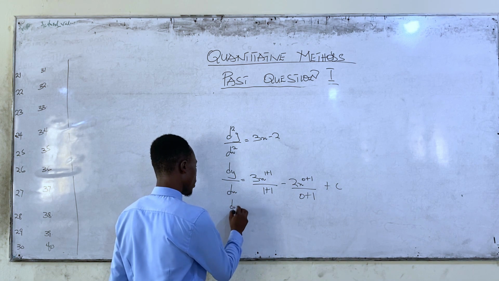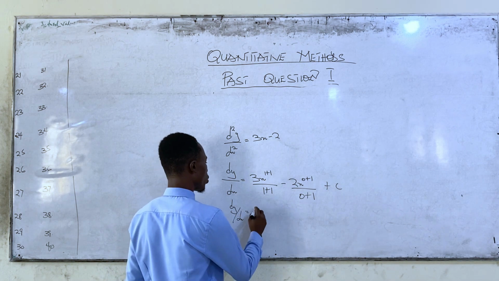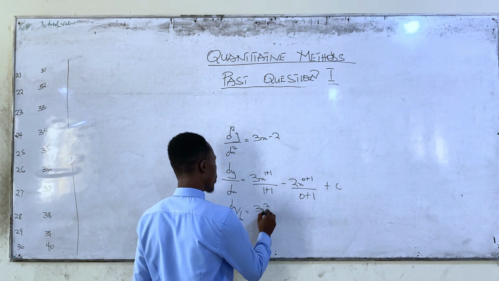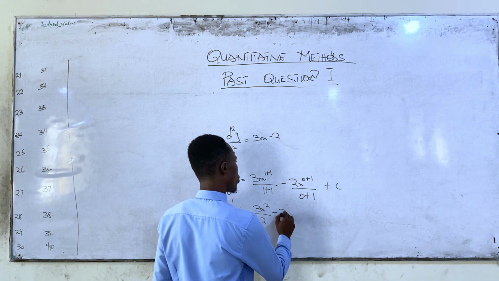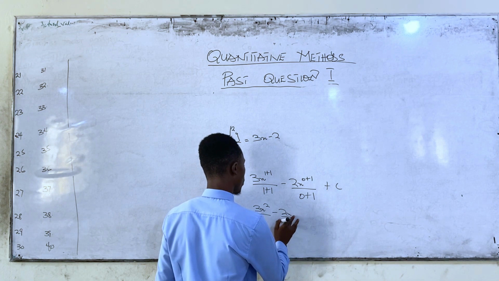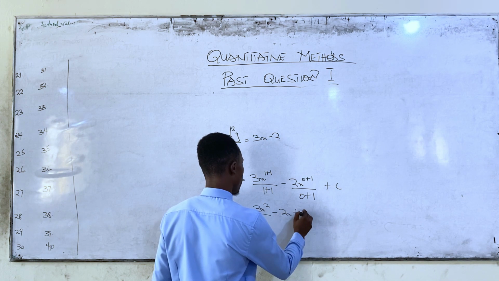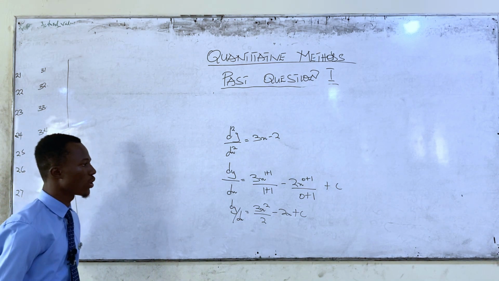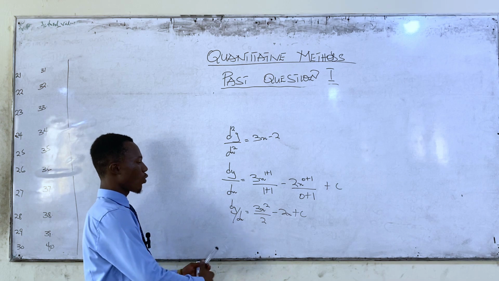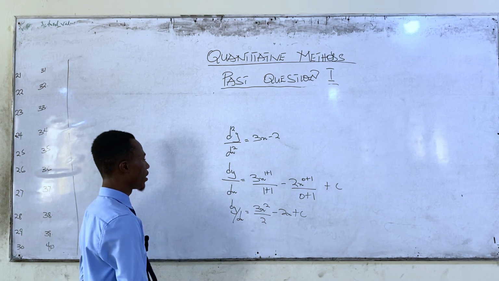So our dy dx in this case is going to be 3x squared over 2 minus 2x over 1, so it's the same as 2x, plus c, because anytime you integrate a function you bring plus c. Now we are looking for y, so we have to integrate it again.